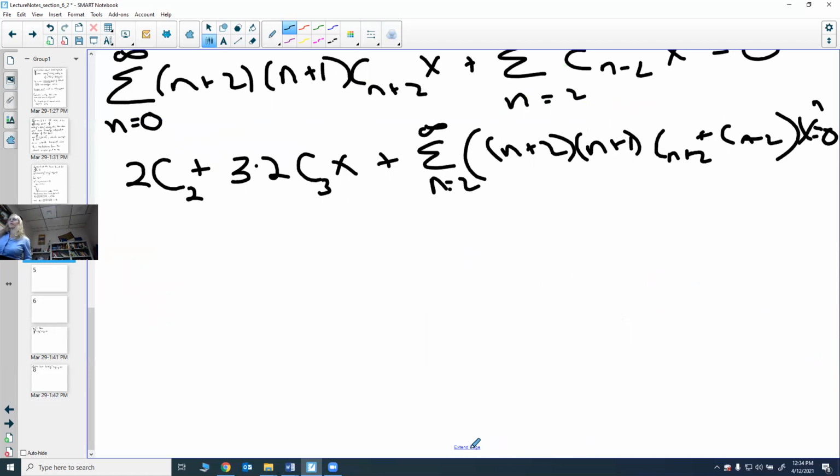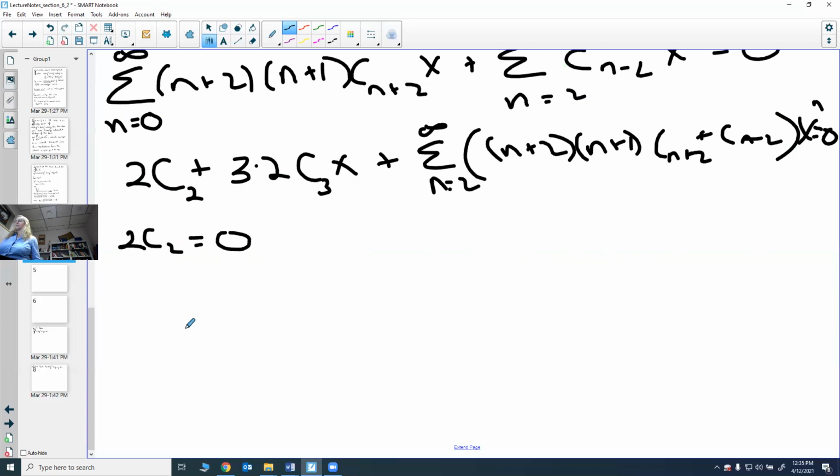So now we're going to realize, just as we did before, that if everything equals 0, then this first term has to equal 0, because this is the only term that has no x's in it. So 2 times c2 has to equal 0.